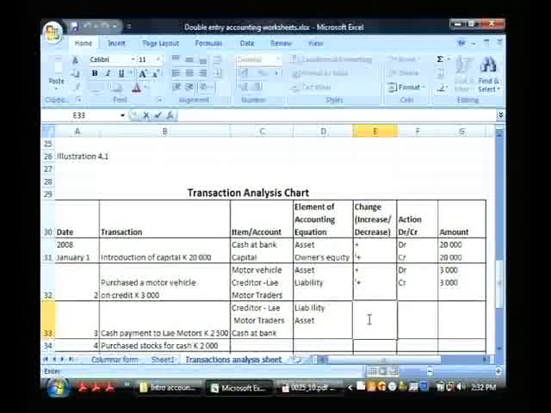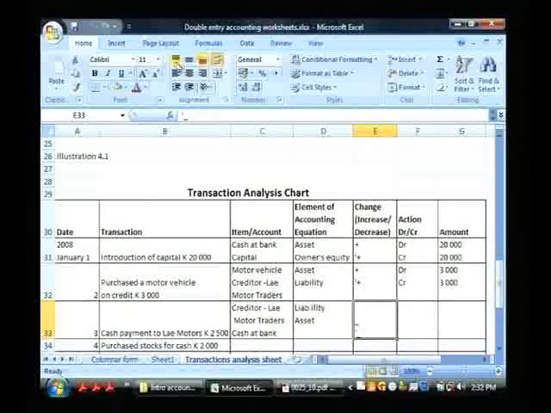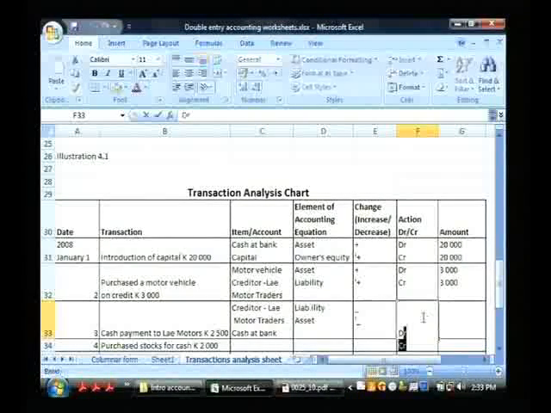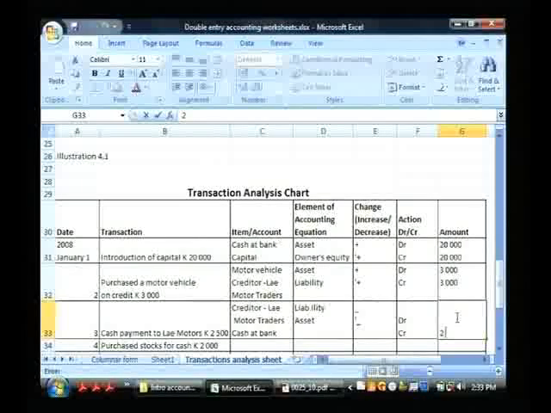Liability decreased, asset also decreased when payment is made. Decrease of liability, debit, decrease of asset, credit. Amount paid is 2,500.